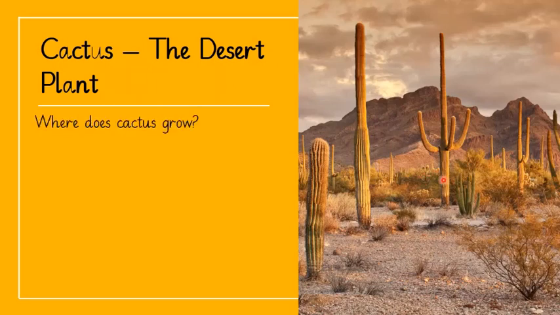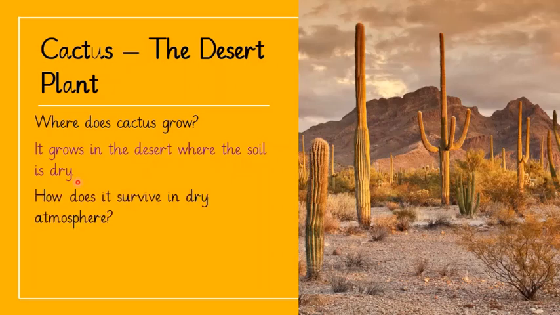So where does the cactus grow? Yes, it grows in the deserts, and especially where the soil is dry. Since there is almost no water available in the desert, how does it survive in a dry atmosphere? Cactus has an ability to store water.